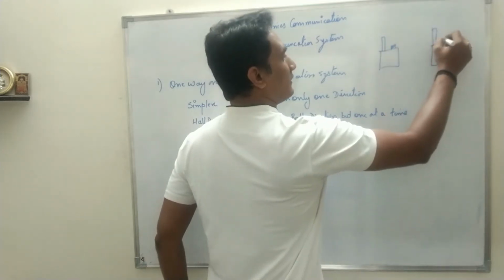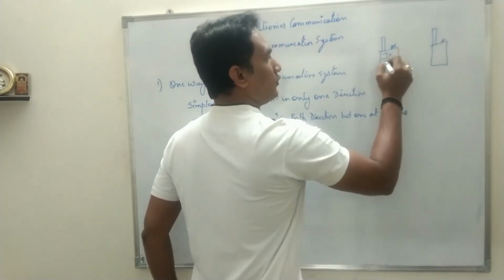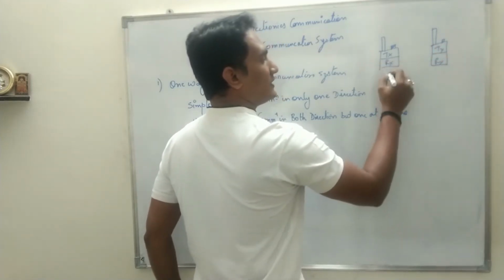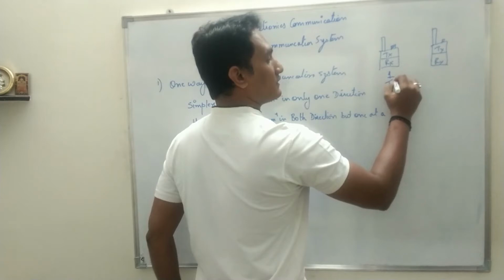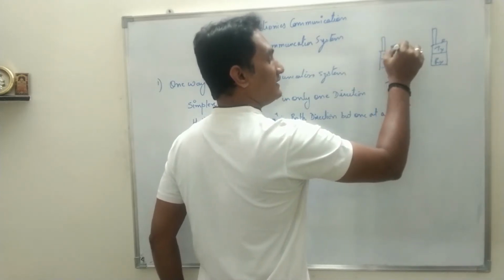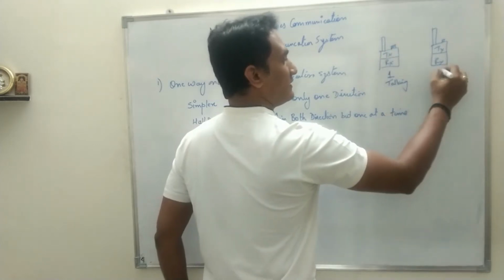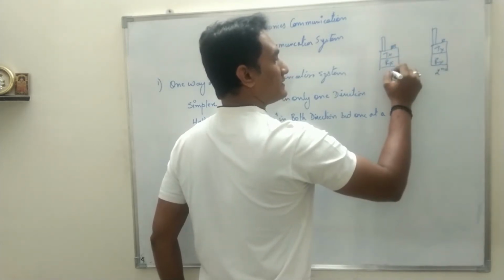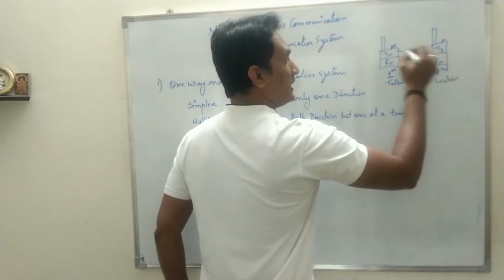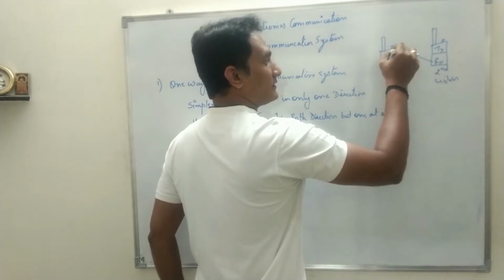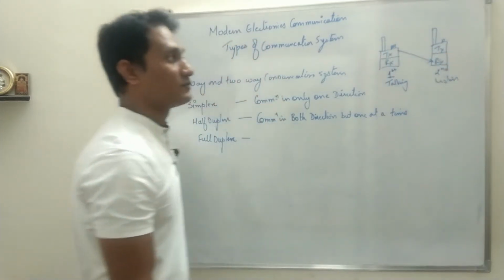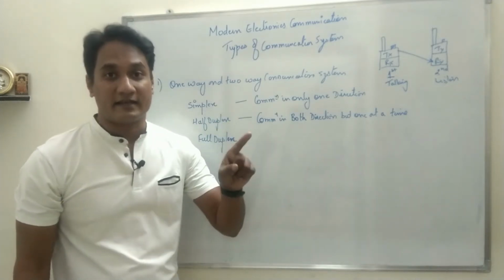It acts as both transmitter as well as receiver. But when the first device is talking, it is acting only as a transmitter. The second device has to listen till then. So at this point the first is transmitting, the second device is listening, that means it is receiving the data, right? So communication is possible only in one direction at a time.